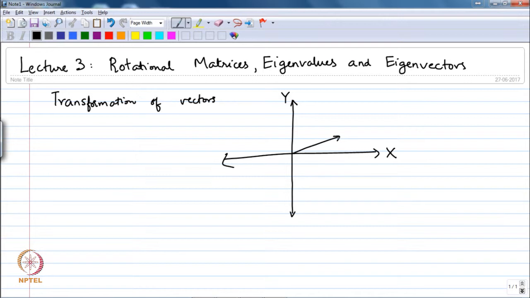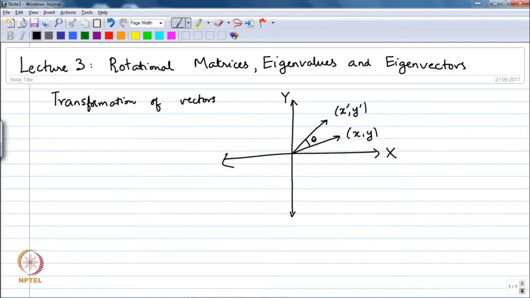Let me call this vector x y, and let us say I want to take this vector and rotate it by an angle theta, and then I get some vector x prime y prime.